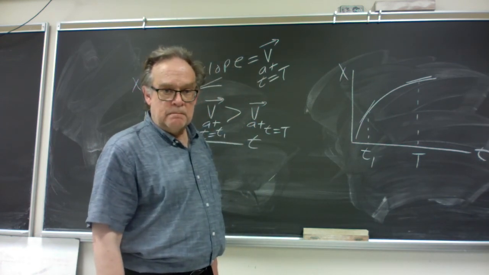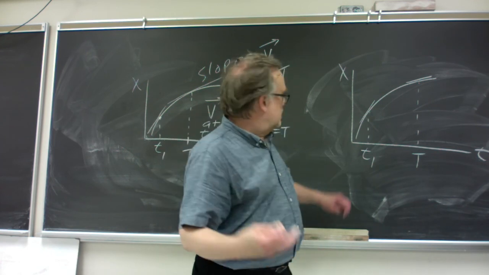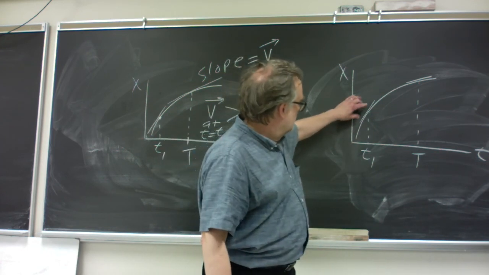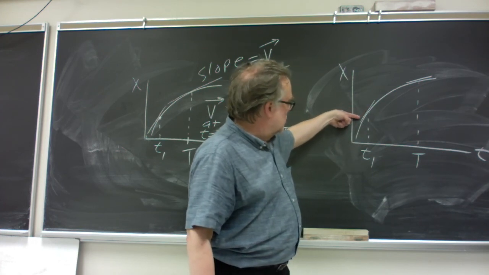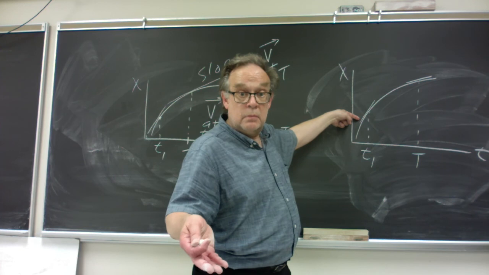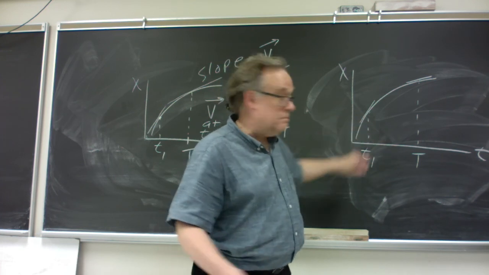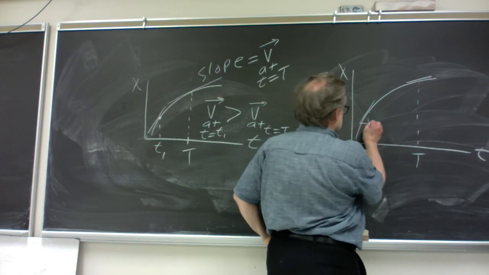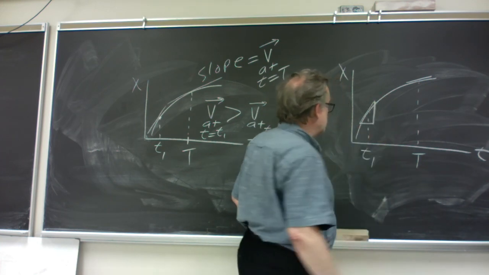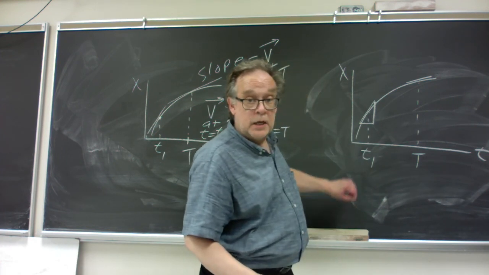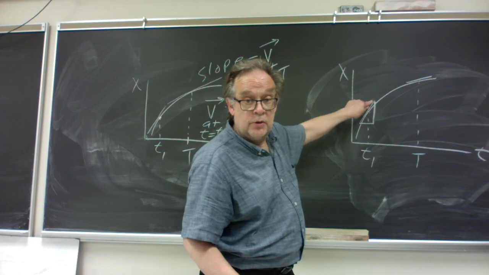Now, imagine that this slope had been a constant velocity during this much time, then the object would have moved from here to here.